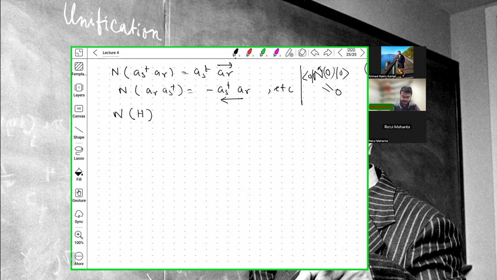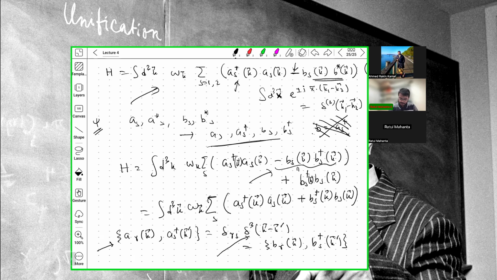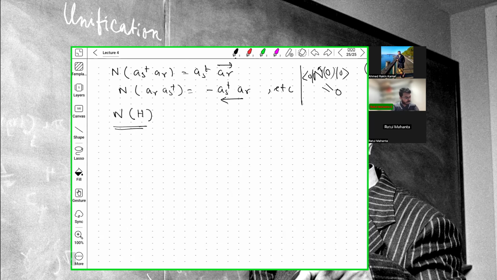So that's another way to remove the divergences, and we'll be doing that. If you take the normal ordered H here, you'll see that it already makes the negative one because of the property of the normal ordering.